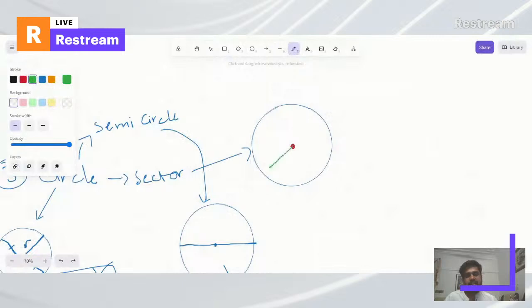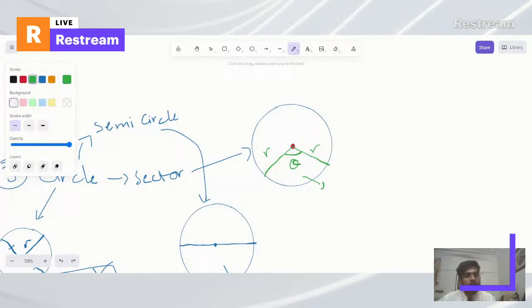A sector is basically when two radii are drawn in such a way that they form an angle between them. Let's take this angle as theta. If two radii are formed such that there's an angle theta in between them, this forms a sector, right? It's basically a slice of a pizza. A slice of a pizza is nothing but a sector.